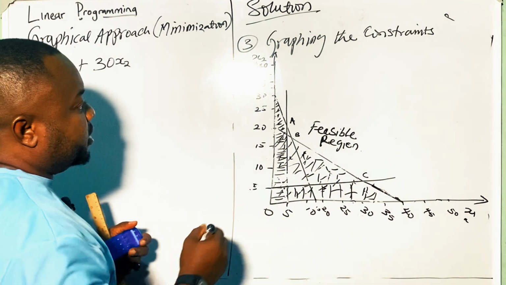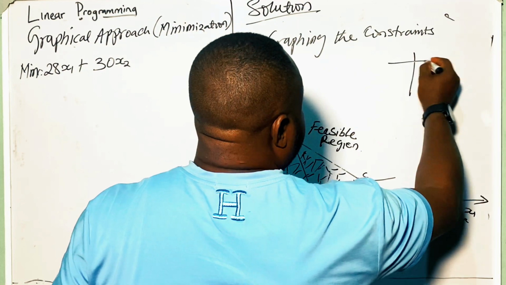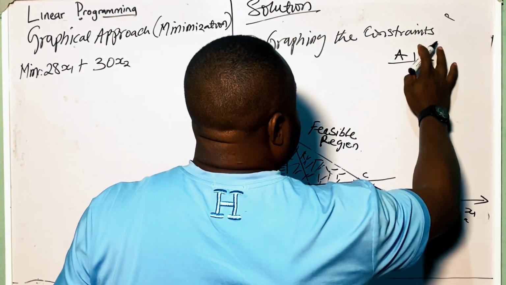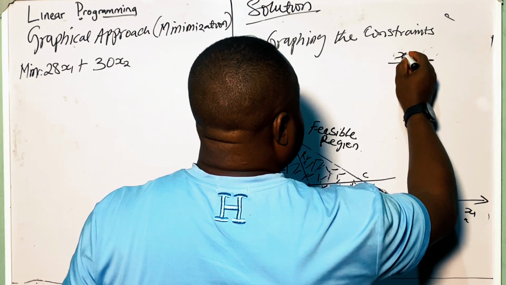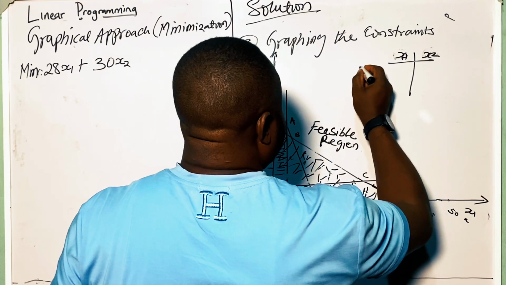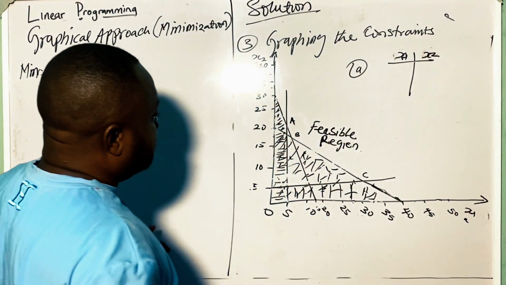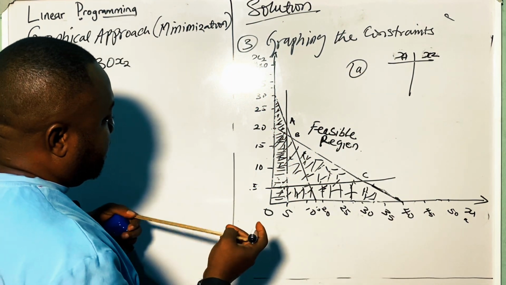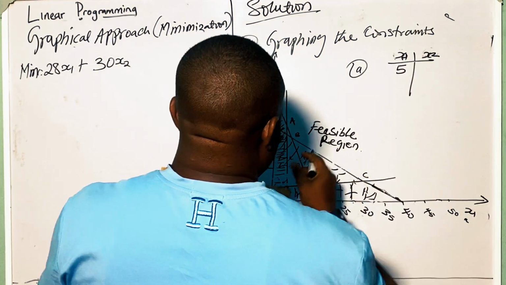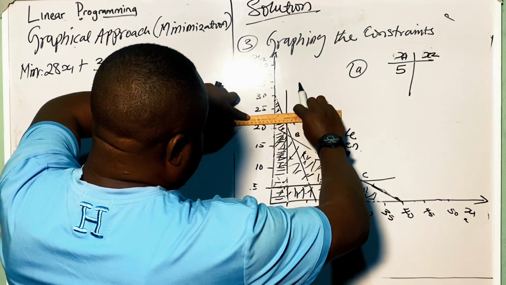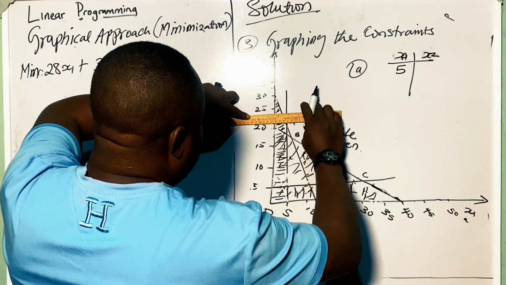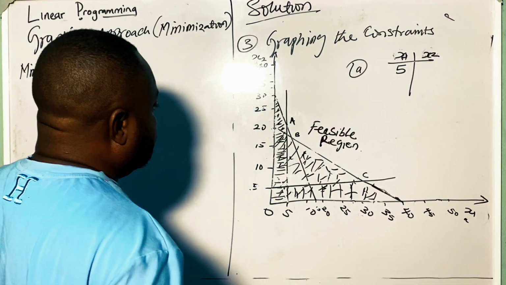Now at point A, we have x1 and x2. At point A, I have that x1 is 5 and x2, since it's this point, is about 21.